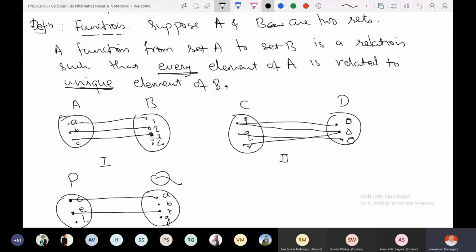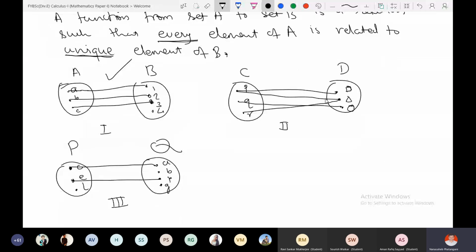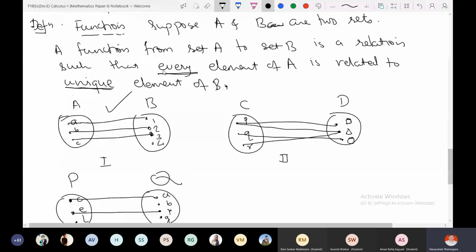So P is related to square, and P is also related to triangle. Q is related to circle, and R is related to triangle. So the first condition is okay. Every element in this first set is related to something. But what about the second condition? Is it unique?